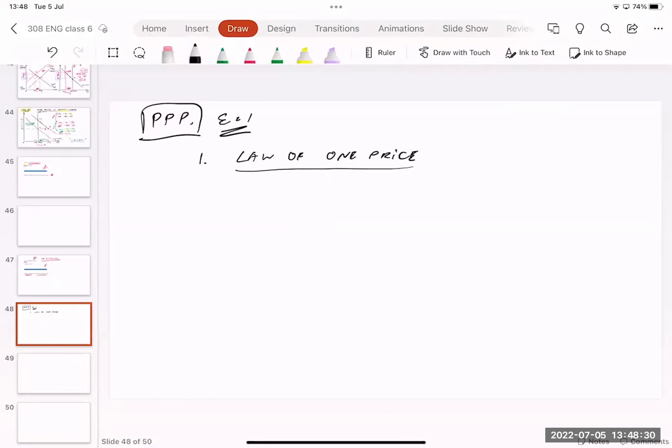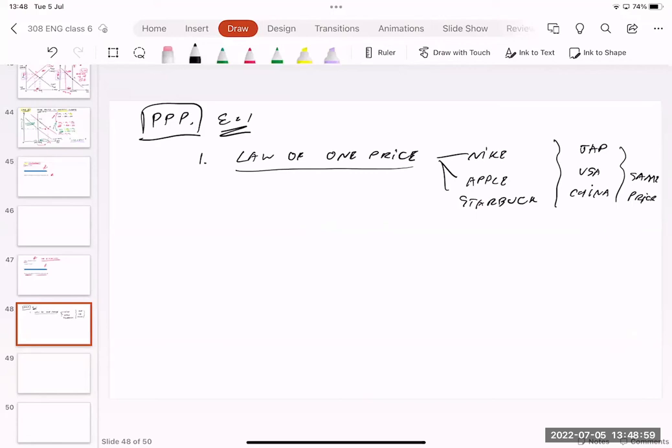For example, Nike, Apple, Starbucks, many big companies try to set the price. Even though you buy Nike or Apple in Japan, in the USA, or in China, they have the same price.